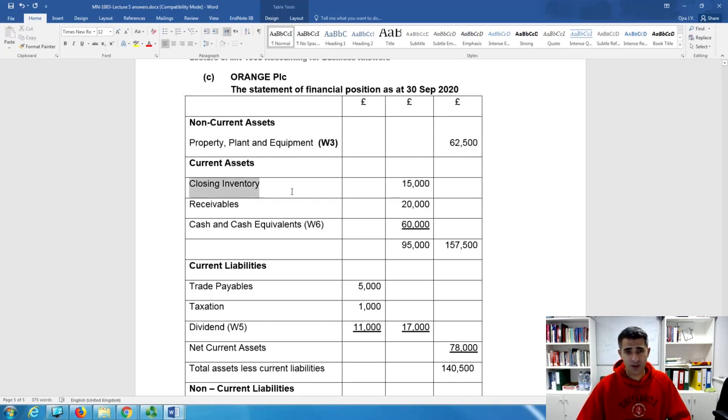Current assets, we have a closing inventory, receivables, and cash and cash equivalents. If you add them together, that makes 95,000. So if you add the non-current assets with the current assets together, that makes total assets of 157,500 pounds.